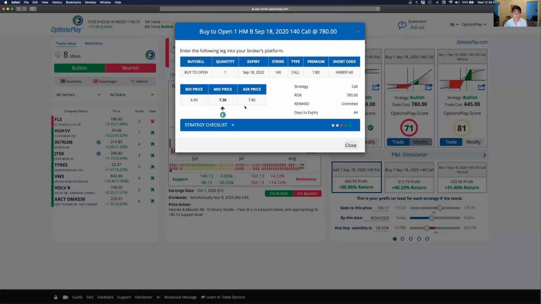Again, I really hope that this was useful in helping you better understand the basic fundamental building blocks of options, giving you a brief introduction to option Greeks. Like I said, Greeks are important to understand from a concept perspective. You don't need to know how to calculate them because platforms like OptionsPlay do the work for you. So play around with the platform. It gives you a better understanding of what you're trading, and more importantly, an understanding of what you can expect if you buy this call option.